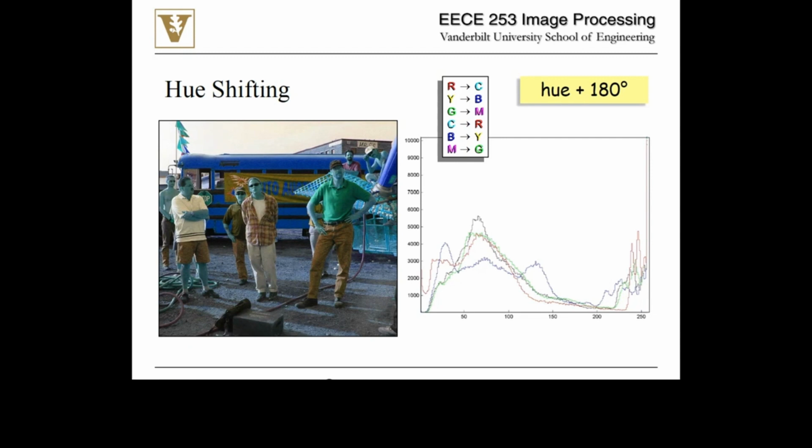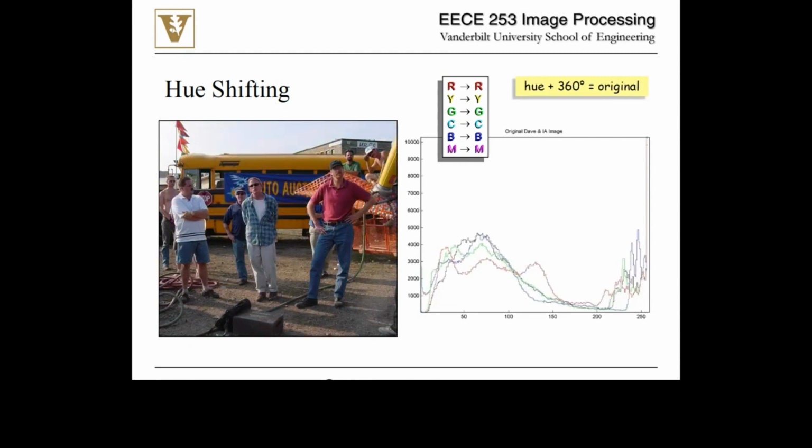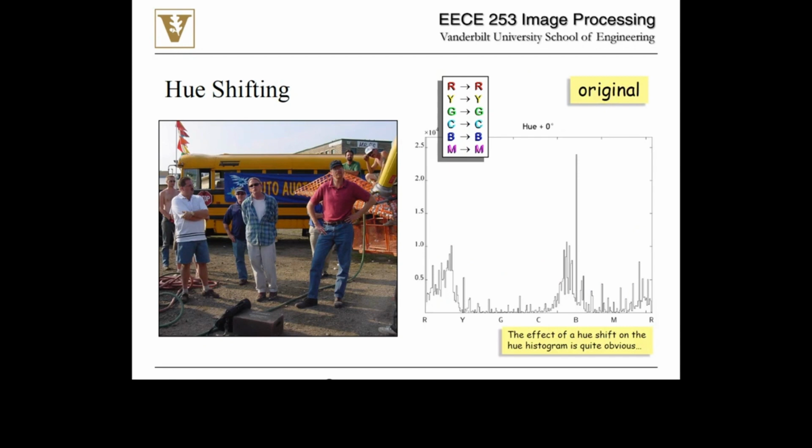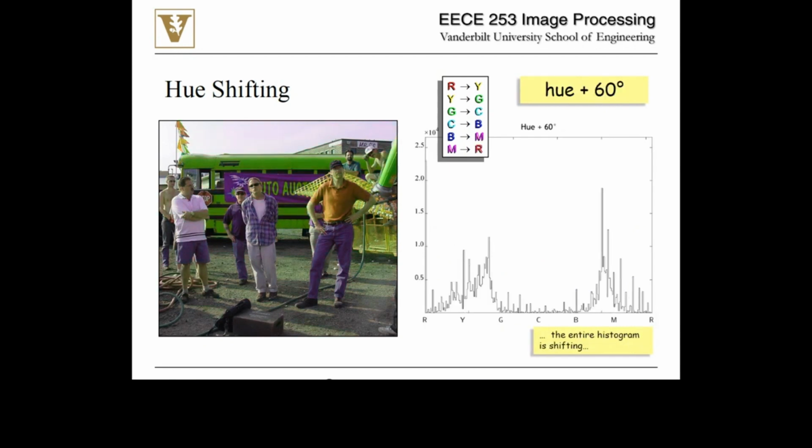So this would be the negative, and 240, 300, and 360. And this is how the hue changes.